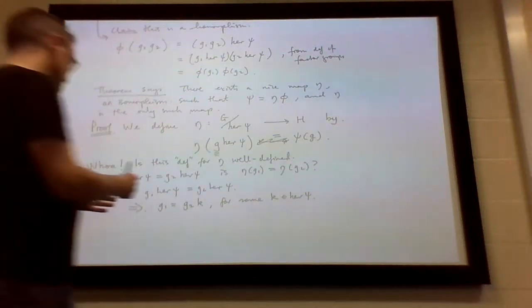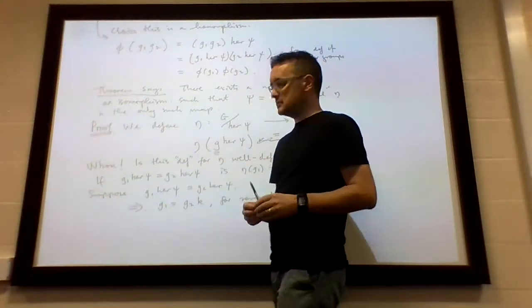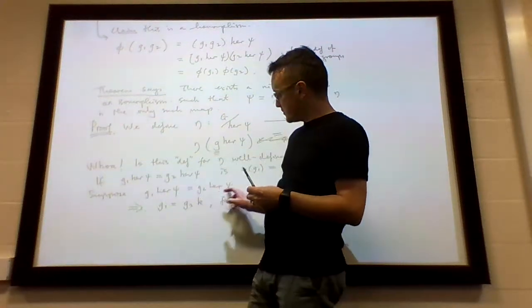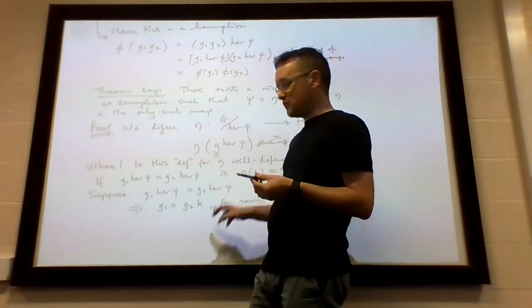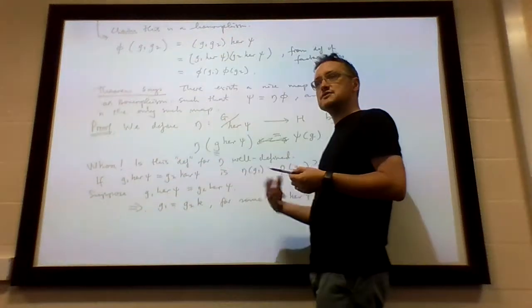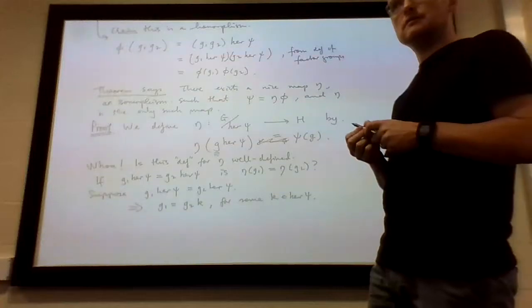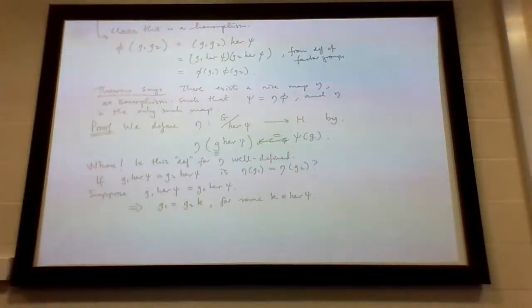Because we're assuming these two cosets are equal, and g1 is one of the elements from here, so it must be present in this coset. So it must take the form g2 times a little k for some little k. Does that make sense? So now we have a good relationship between g1 and g2 on the element level.